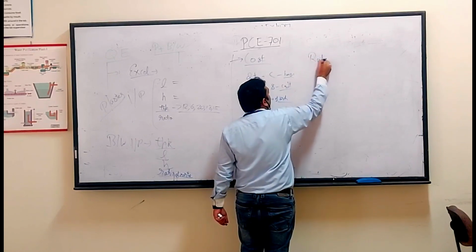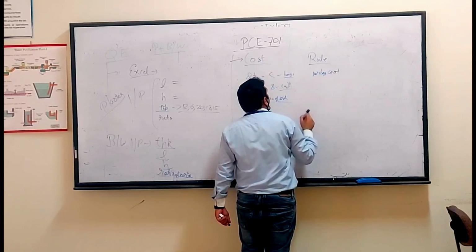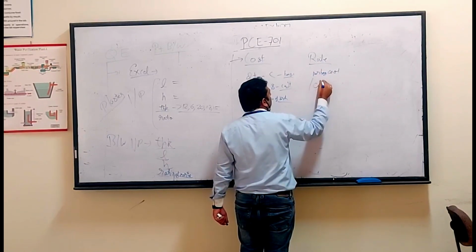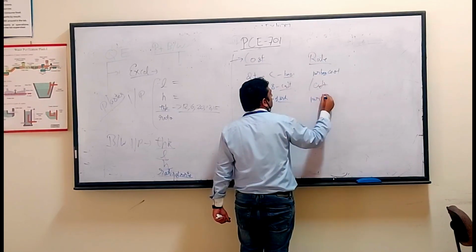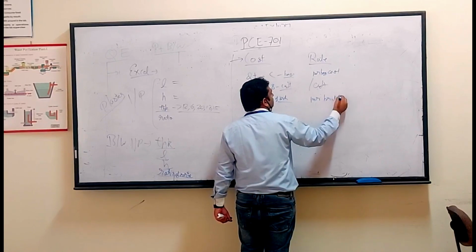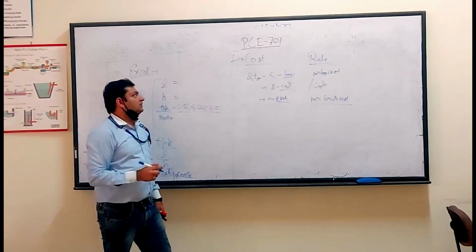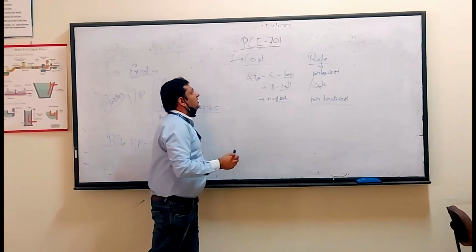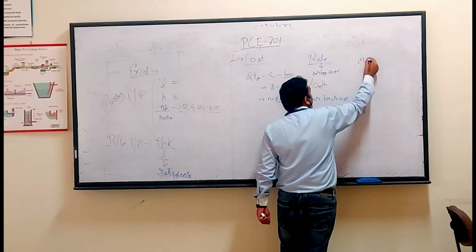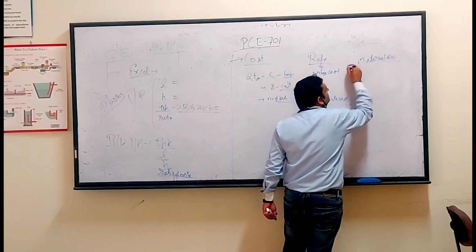There is a material rate per bag cost, per cubic feet cost, and per brick cost. You calculate these three things. You take the rates from the market and you get the material cost. This is the first component of your cost analysis.